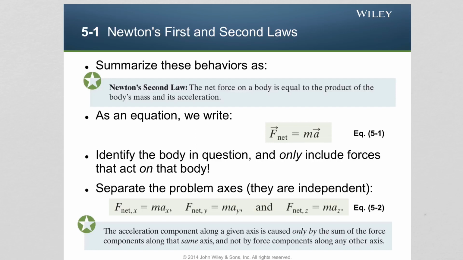And finally, the z component of the net force will be equal to the sum of all z components of the forces acting on the object. So the acceleration component along a given axis is caused only by the sum of the force components along the same axis, and not by force components along any other axis.